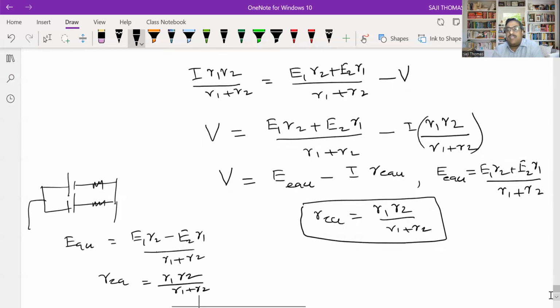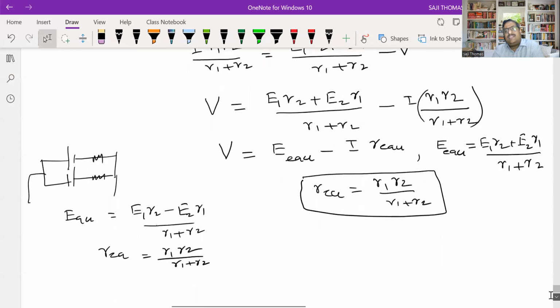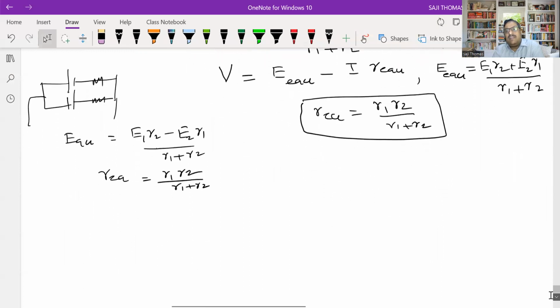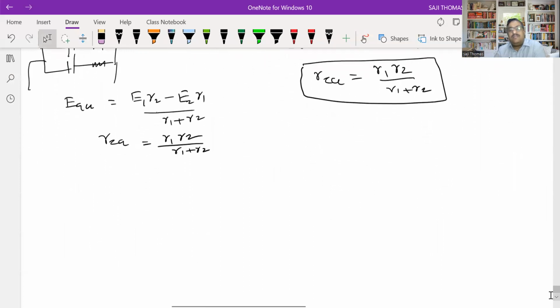Now, if n identical cells are connected in parallel, what will be the internal resistance? N identical cells, so all cells have the same EMF and same internal resistance. You know, in parallel combination EMF remains the same.